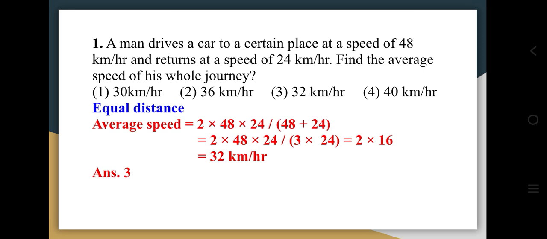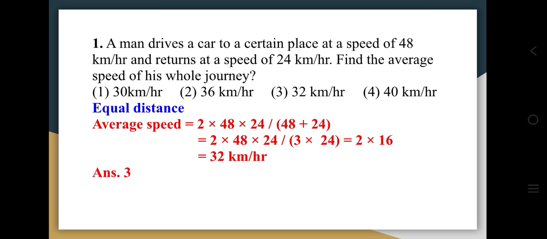So the average speed is the harmonic mean of 48 and 24. That is 2 into 48 into 24 by 48 plus 24.